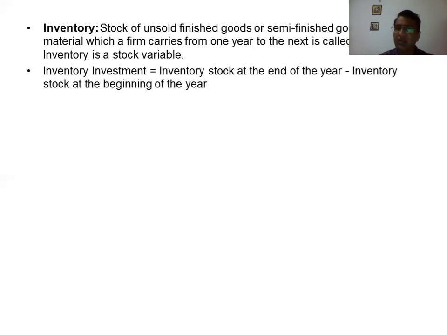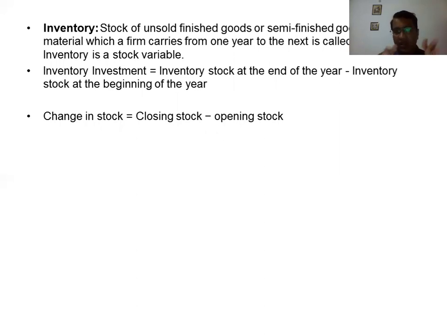Inventory investment means inventory stock at the end of the year minus inventory stock at the beginning of the year. In other words, it is also called change in stock: closing stock minus opening stock. The difference between the stock at the end of the year and the opening of the year is called change in stock.